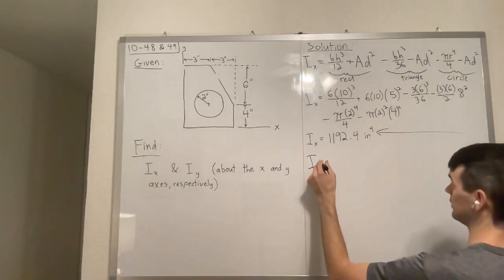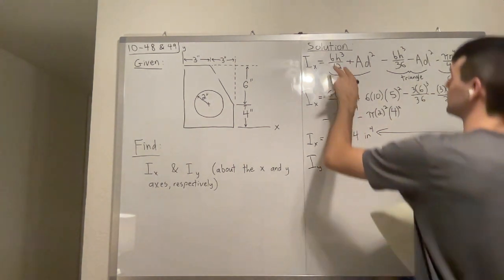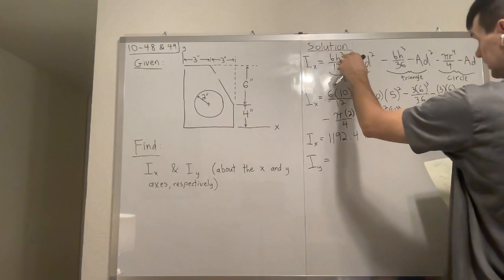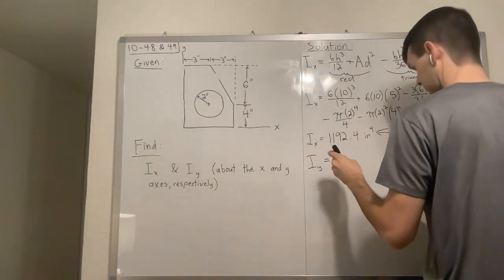The one trick is to recognize that the base and the height, the cube term is going to change. So we're going to cube the base instead of the height.